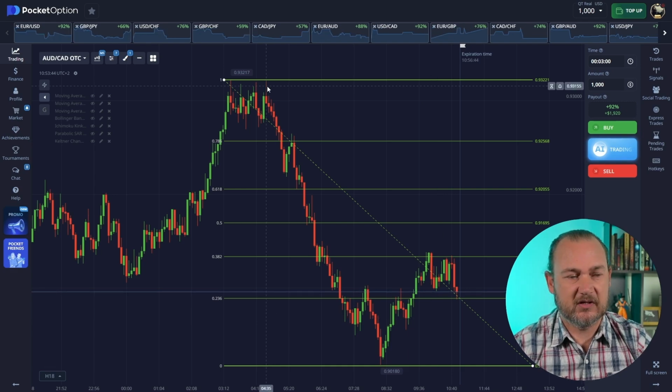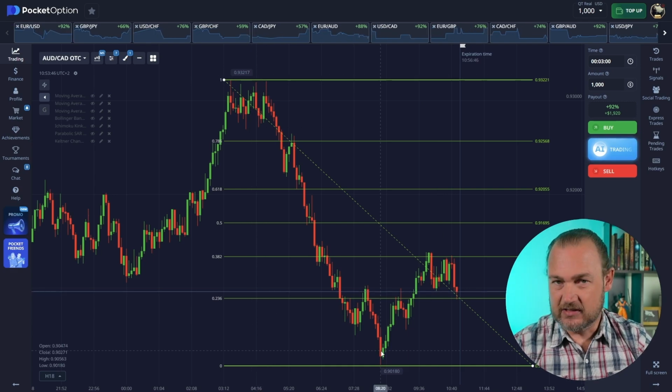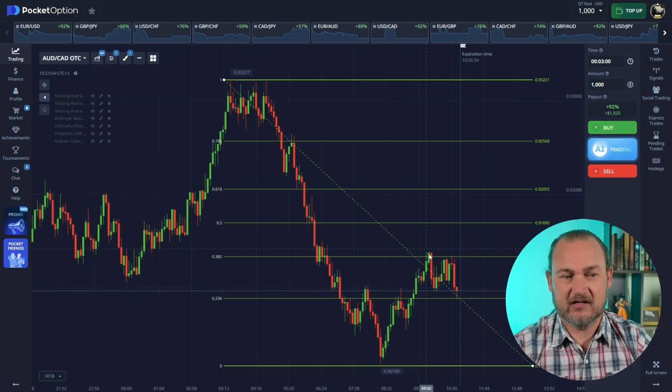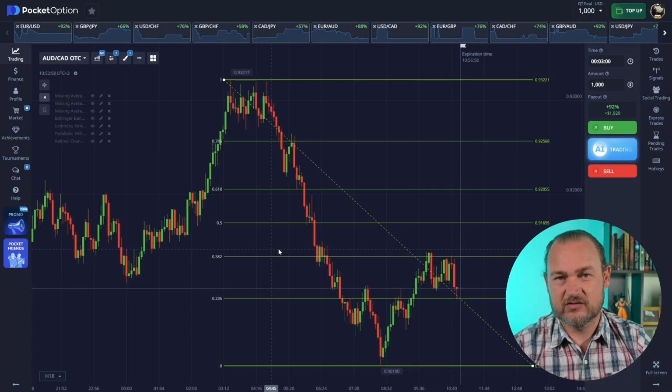We're looking for something that has been moving in a direction, and the reason we use the Fibonacci is to spot areas of retracement, as we see here. This was right on the 0.382 line there. That's one of the major Fibonacci retracement lines.